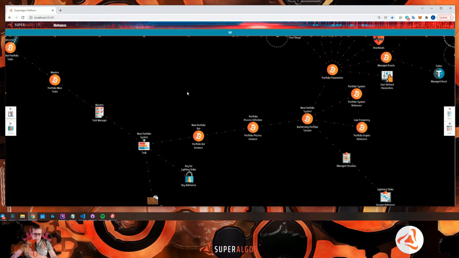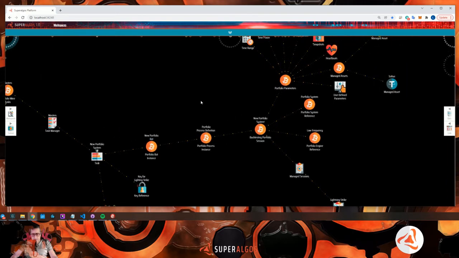Okay, a task server is a process, an entity that technically is a Node.js process running on your machine that is able to run different types of bots of Superalgos, let's say. It can be indicator bots, trading bots, portfolio bots, machine learning bots, whatever.